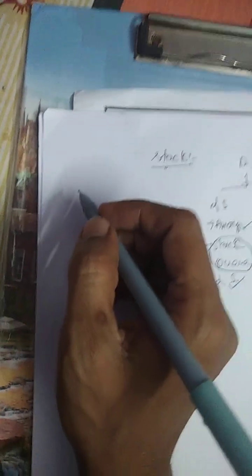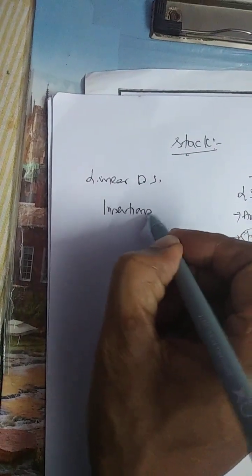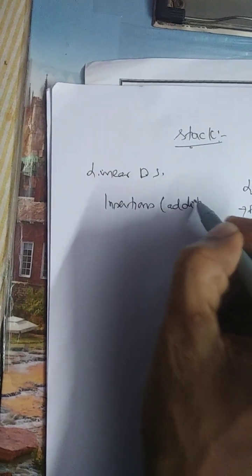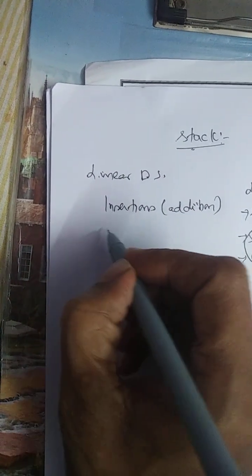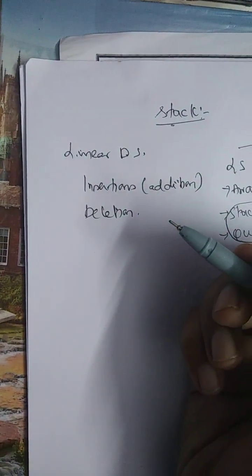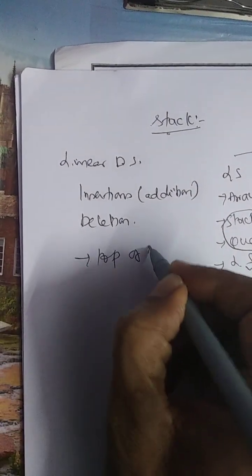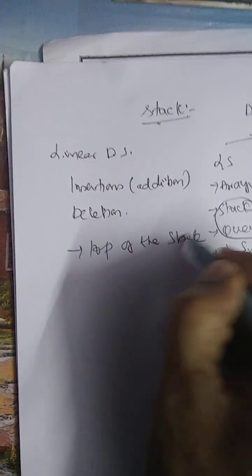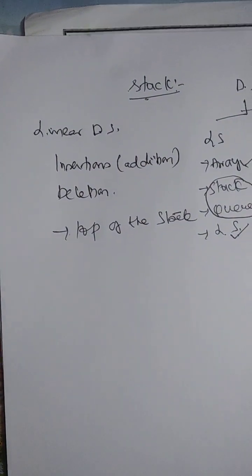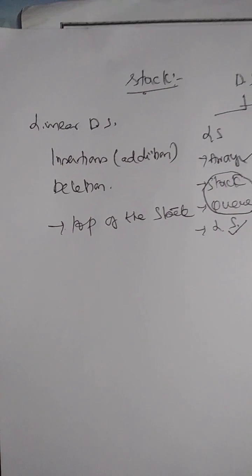As you know, stack is a linear data structure in which insertions, that means addition of elements, or deletion of elements will be done at only one end, that is called the top of the stack, right?